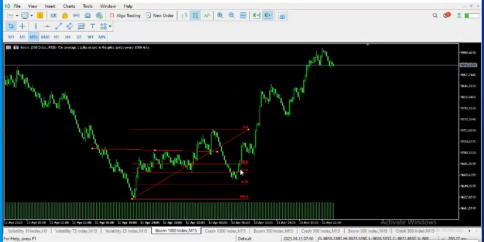So price touched the 61.8, and of course it hit our take profit, which should be this area.